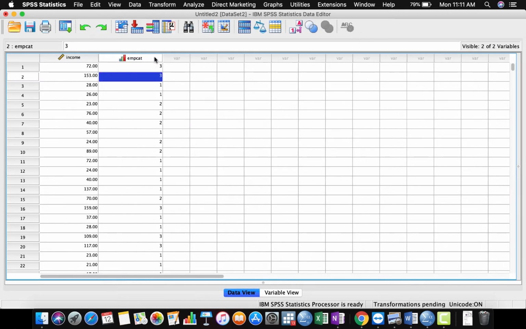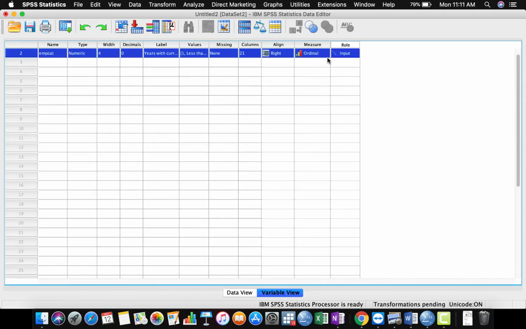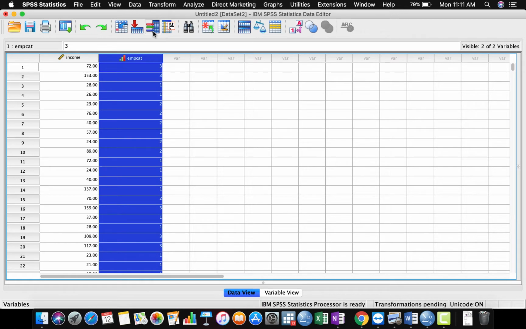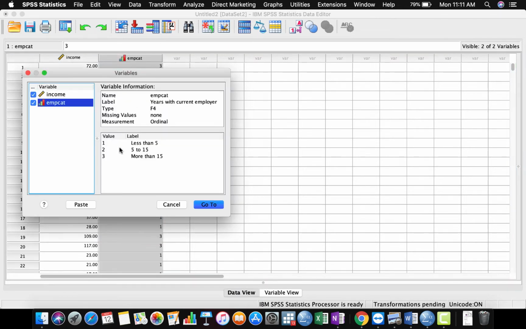Employment category is a categorical variable. If you look at this one, it's an ordinal scale. We have basically three levels: one is less than 5 years, two is 5 to 15 years working at that company, and three is more than 15 years.